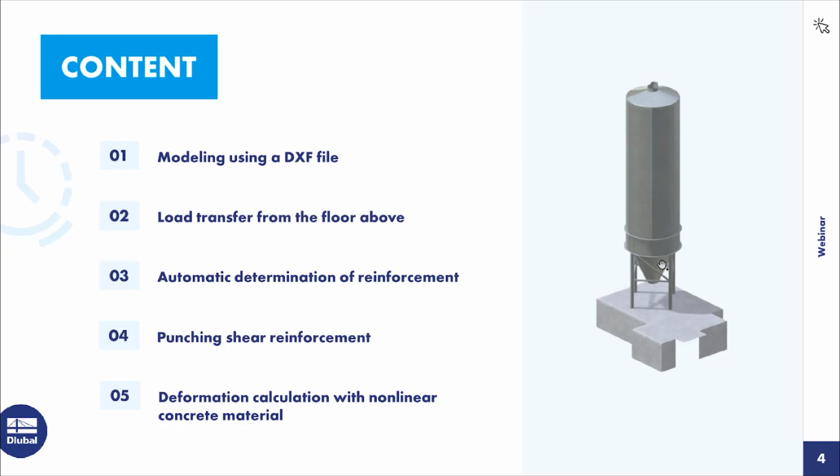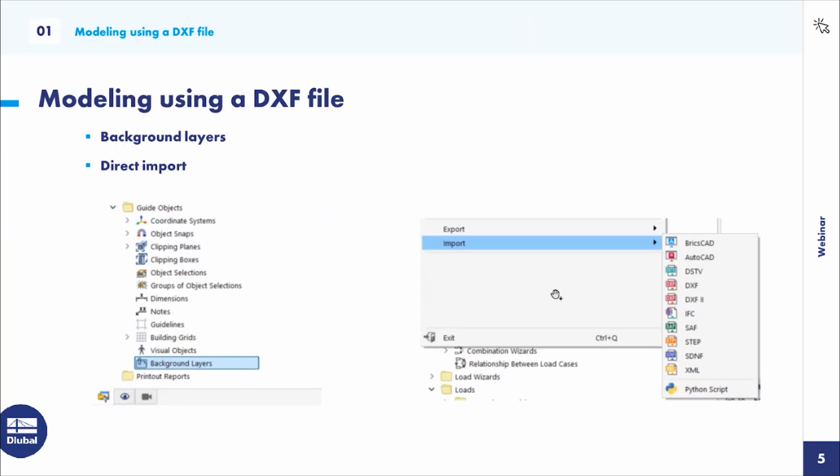And we don't want to model the silo. We want to transfer the loads from the silo feet, and want to check the surface for the punching design check. So okay, then let's switch first to RFEM 6.